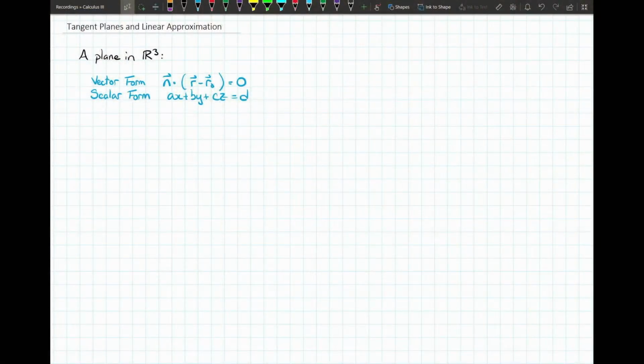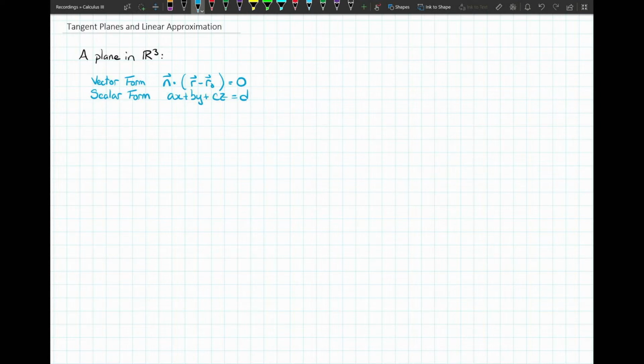So let's start off with a little bit of basics about what we already know about planes in R3. There are a couple different forms for the equation that we might find useful. If we want to construct the equation of any given plane, we could always start with a normal vector n that's perpendicular to the plane. r is the position vector of any arbitrary point on the plane.